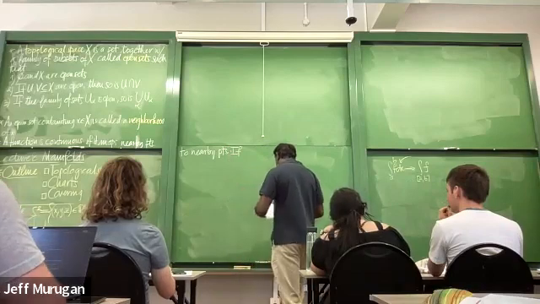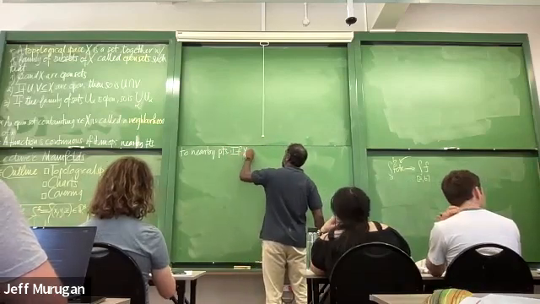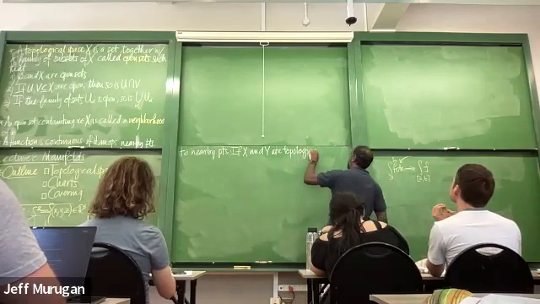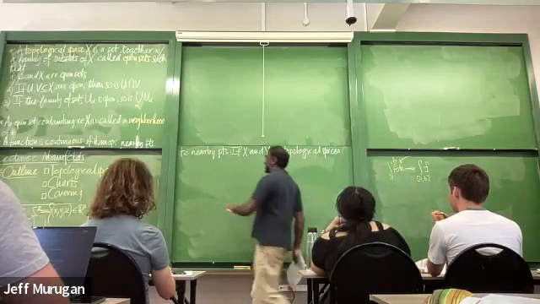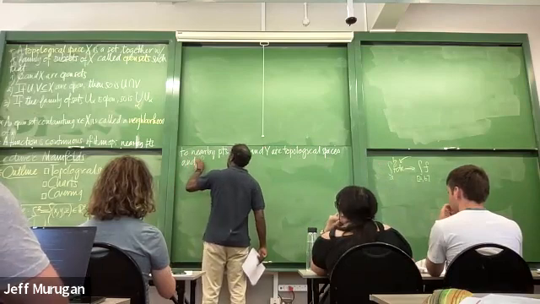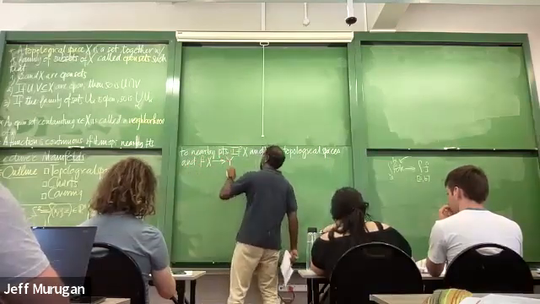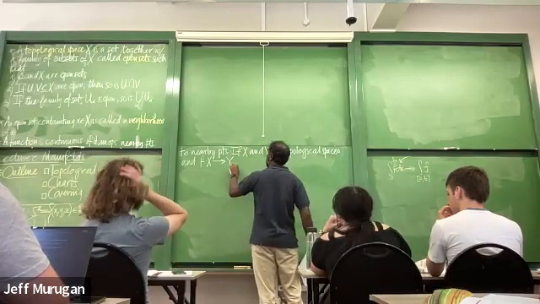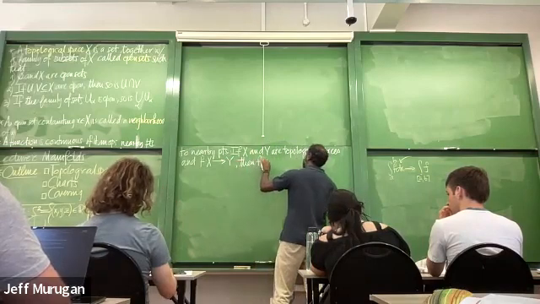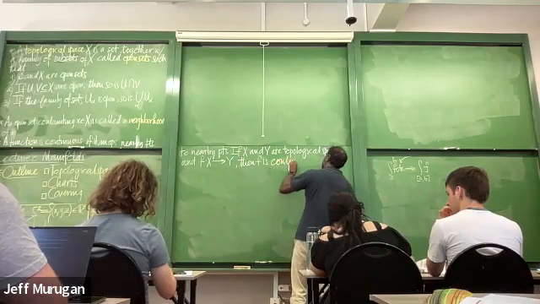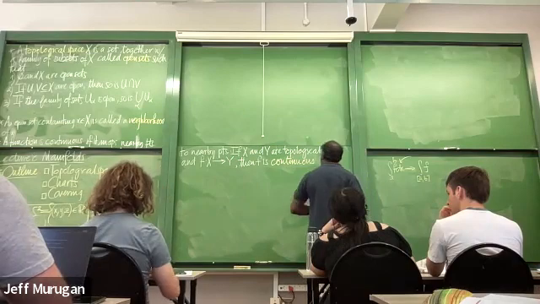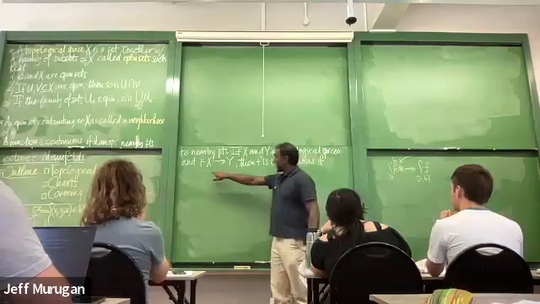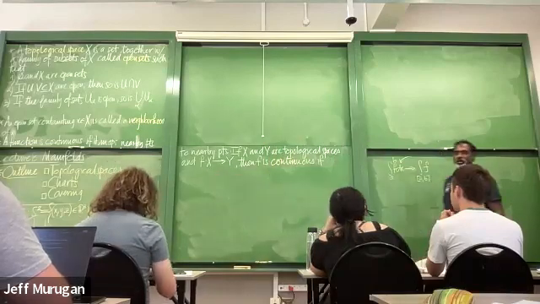More precisely, if X and Y are both topological spaces, and I have some function f that takes X to Y, then f is continuous if for any open set U in Y, the inverse image f inverse U, which lies in X, is also open.